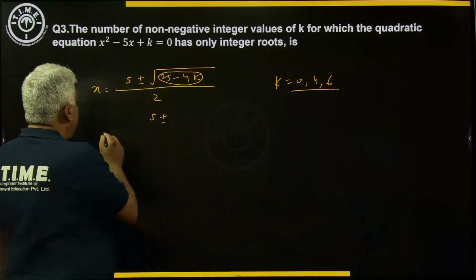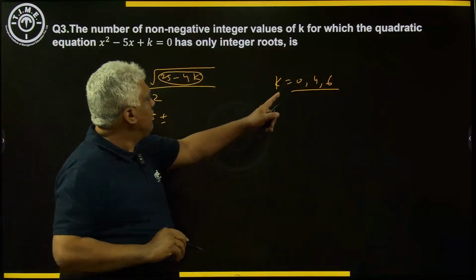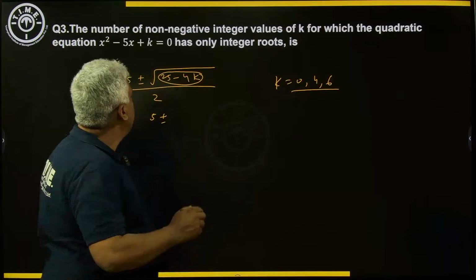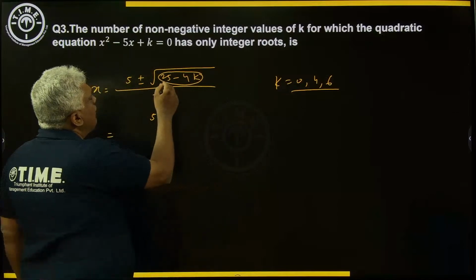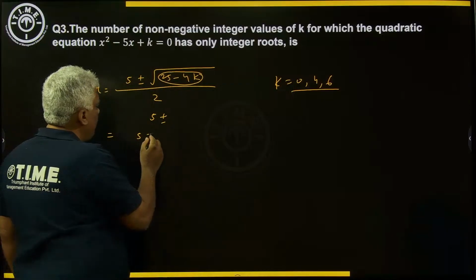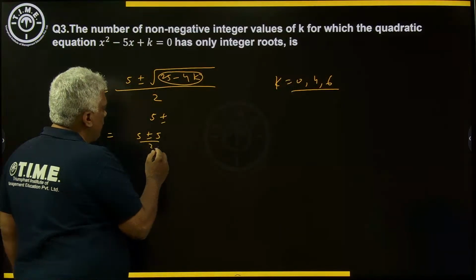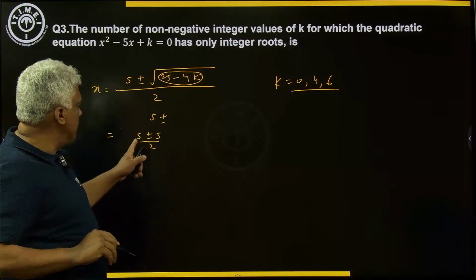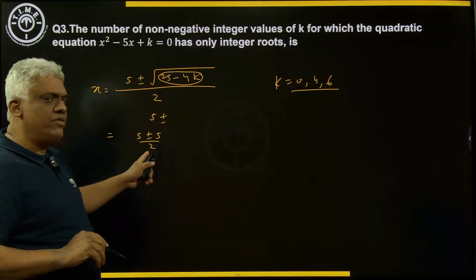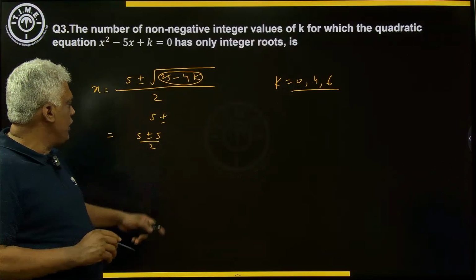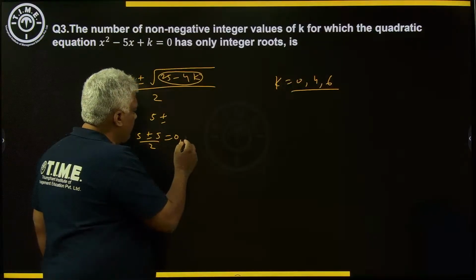Let's try 0, 4, 6. If you try k equal to 0 here, the square root of 25 is 5. So 5 plus minus 5 by 2. This will definitely be an integer because 5 is odd. So 10 by 2 or 0 by 2. So the answer will be 5 or 0. Integers, right?